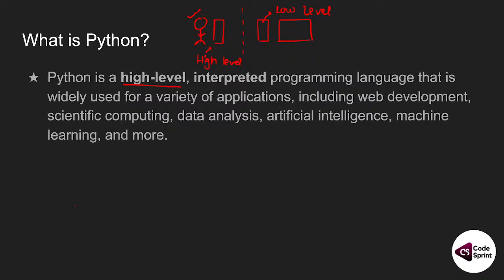Then afterwards, we are going to discuss interpreted. What does it mean? Basically, we write like 5 lines of code. Afterwards, Python is going to execute one by one. First of all, it will read this, then execute this part. Afterwards, it is going to read this part and execute this. If it encounters any error at line number 3, then it is going to stop here.